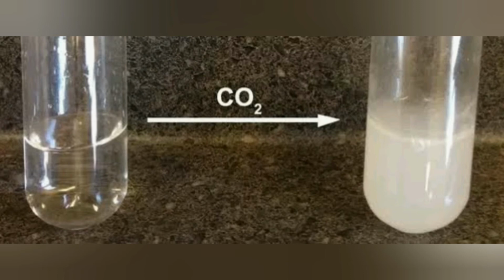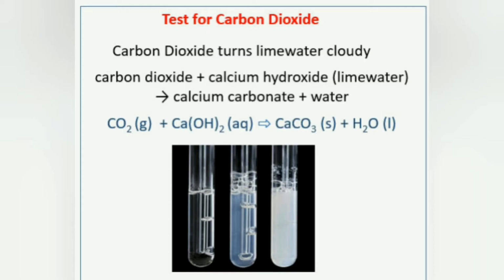This reaction is also a chemical change, and this can be represented as carbon dioxide CO2 plus lime water Ca(OH)2, that is calcium hydroxide, gives calcium carbonate CaCO3 plus water H2O.